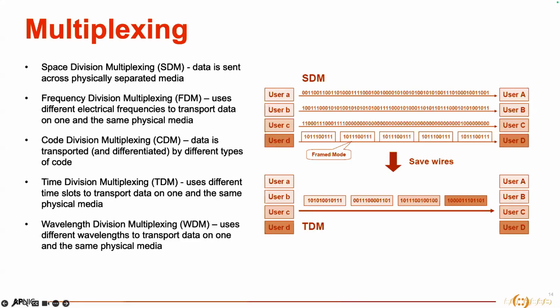At the receiver end, capital user A, B, C, and D will receive the data based on the frequency which was sent, because the small user A and the capital user A are working with the same frequency, which is different from B, which is different from C, which is different from D, right?